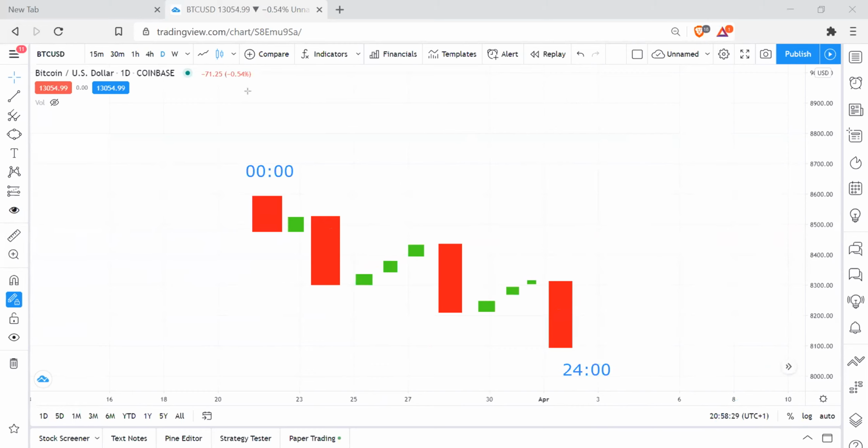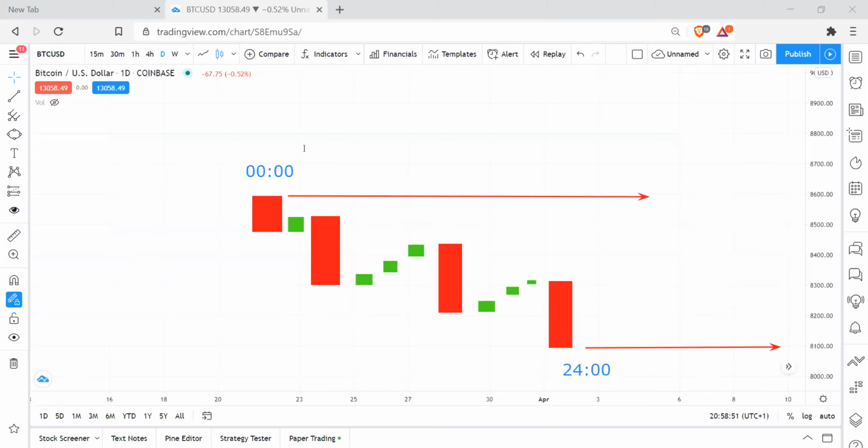Let's do it analytically. First off, we started off up here. And where did we close? We closed down here. So the confines of price were from 8,006 to 8,001.